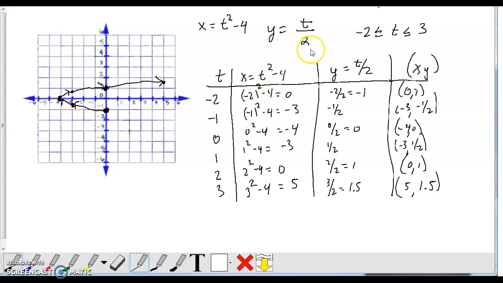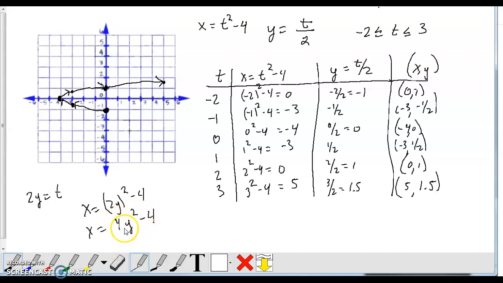All right, so let's see what happens when we're solving for t. I think it might be easier to multiply both sides by 2. So 2y is equal to t. So I'm going to say x is equal to (2y) squared minus 4. So x is equal to 4y squared minus 4. So this definitely is a sideways parabola.